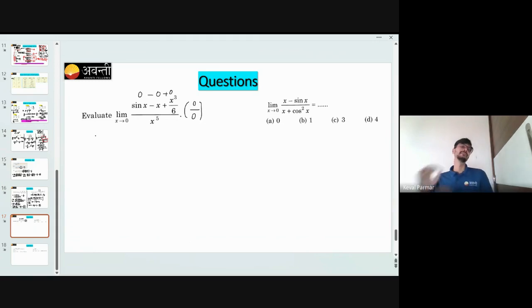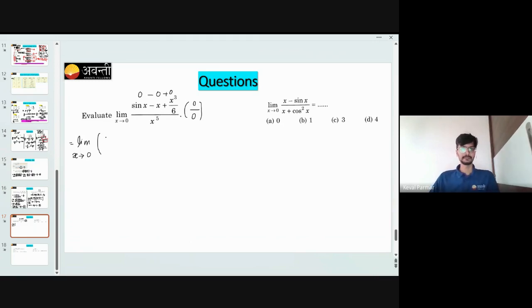So I am still getting an indeterminate form, which means I have to use L'Hospital's rule. L'Hospital's rule says the limit x tends to 0 remains as it is. Take the derivative of the numerator. So here it is the subtraction and addition rule.